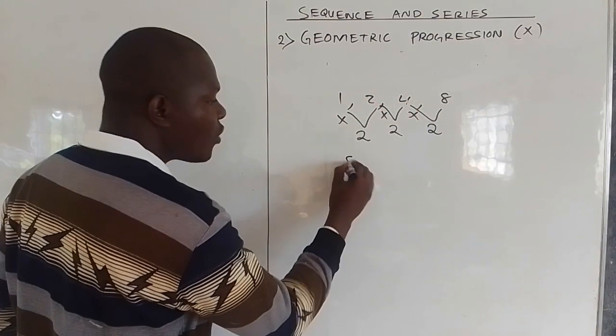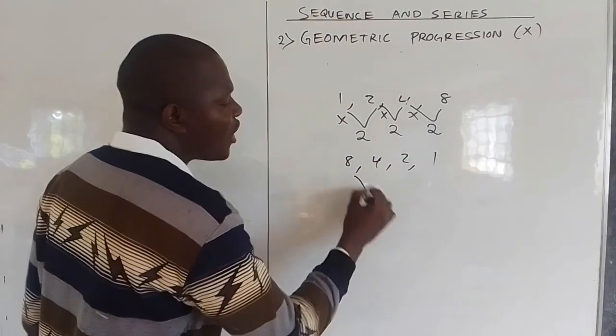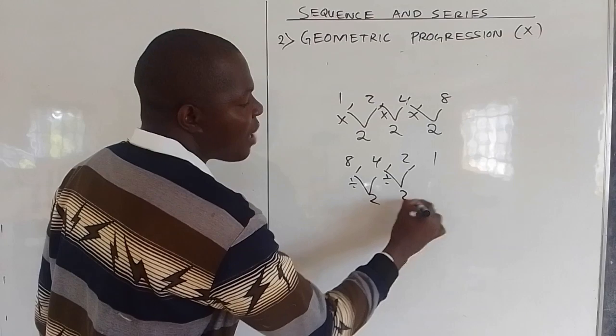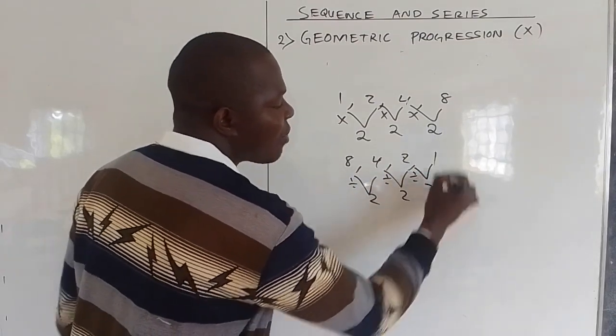So when you have something like 8, 4, 2, 1, you cannot say 8 divided by 2 gives you 4, 4 divided by 2 gives you 2, 2 divided by 2 gives you 1.